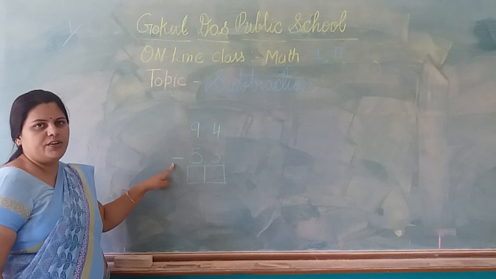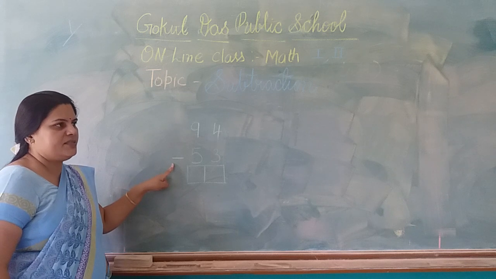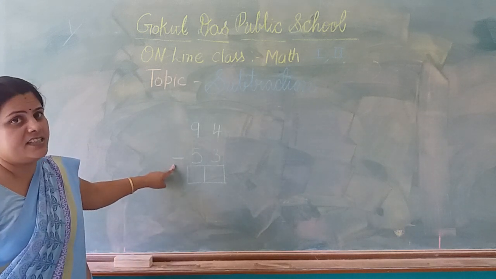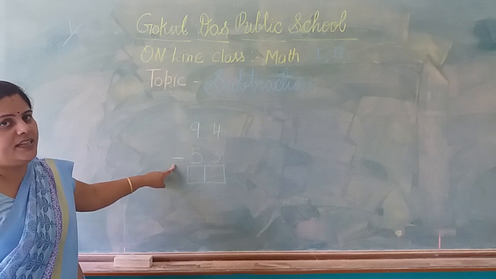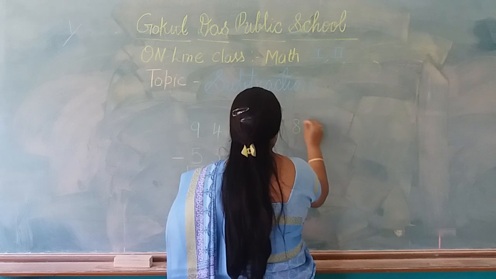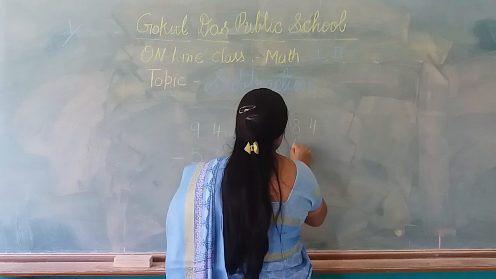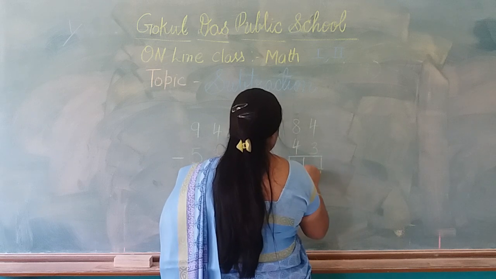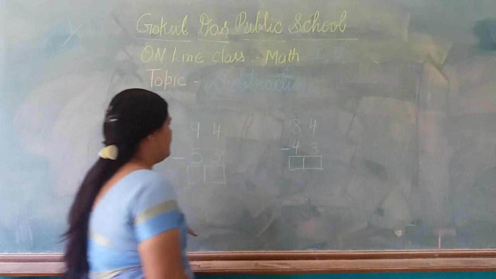Whatever you solve in maths, please make sure you don't forget to make the signs. Here once again I will write some numbers for you. Then again, first I will draw the sign.